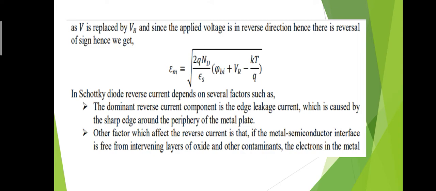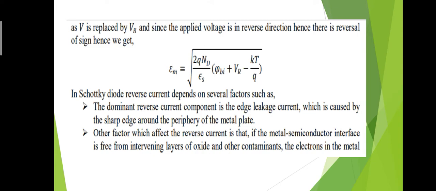In addition, we have another current transport phenomenon, that is the edge leakage current, and the dominant reverse current component is the edge leakage current, which is caused by the sharp edge at the periphery of the metal plate.